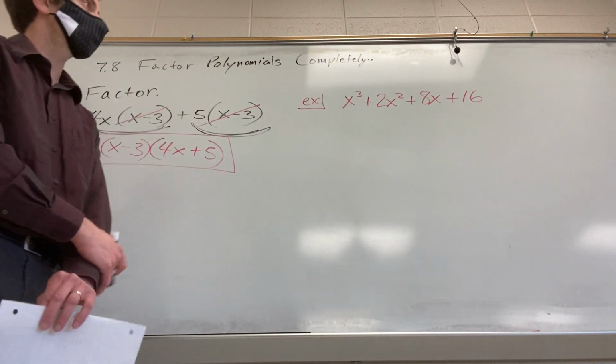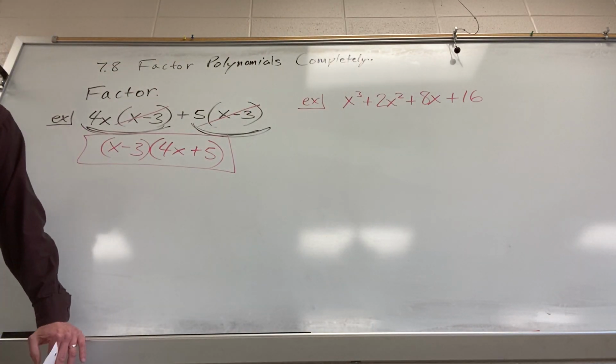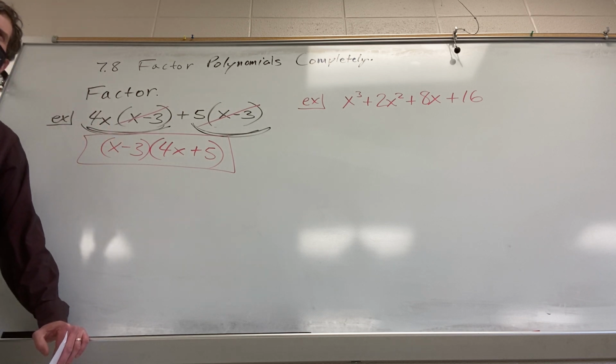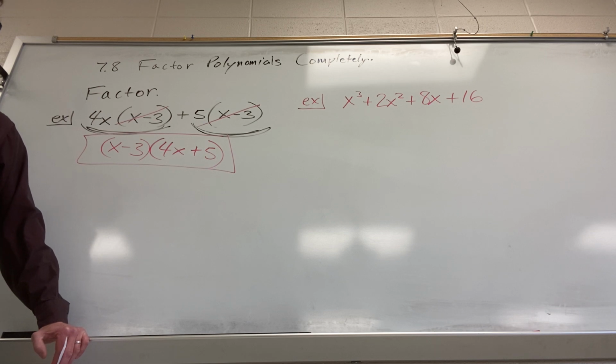This is not review on this one, and this really wasn't review either, technically. You got an idea, Silas? Couldn't we split it into two groups and then factor out, because 8x and 16 you can factor out an 8, and x cubed and 2x squared you can factor out an x squared? Couldn't you factor them separately? Okay. Again, is that kind of like a step in our AC method?